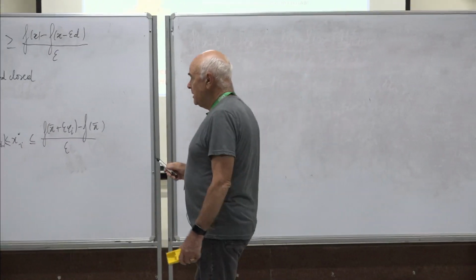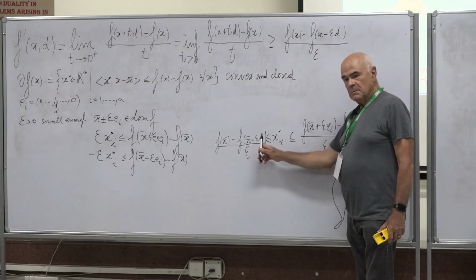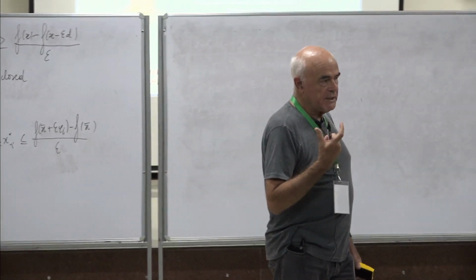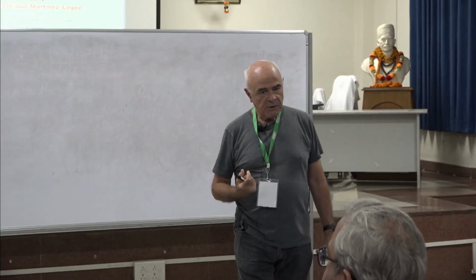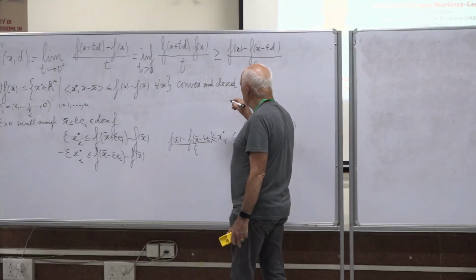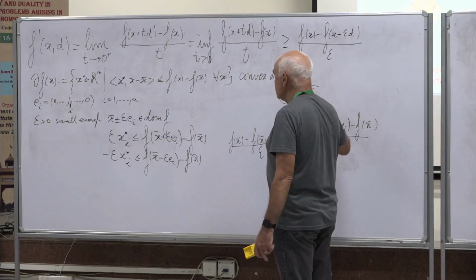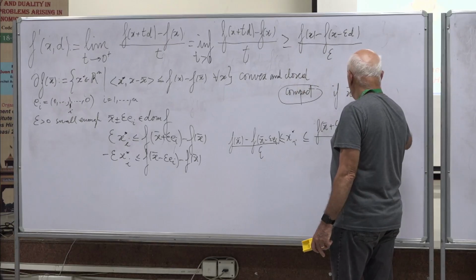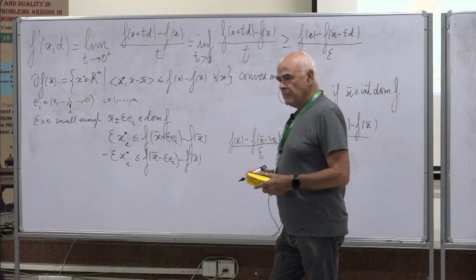So each component of x star is bounded from below and from above. So x star is in a bounded set. Okay, so this closed convex set is not only closed but compact. But I insist, when x bar belongs to the interior of the domain of f.